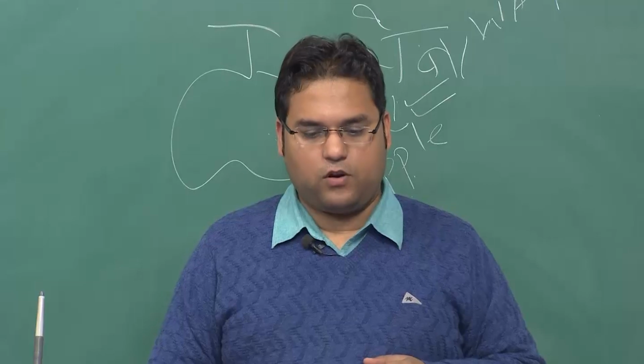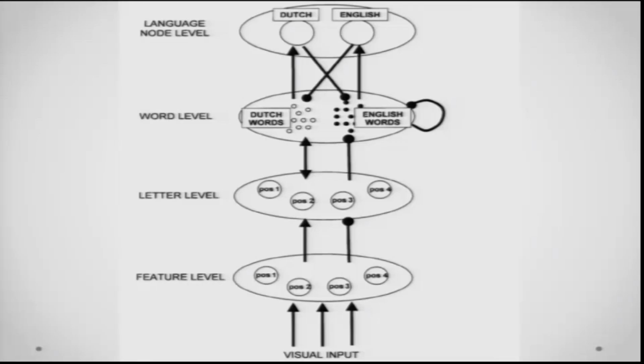Let me show you how this model looks. You see that there are feature level, letter level and word level representations, much as you would have seen in the TRACE model I talked about earlier, but there is a higher level which is the language node level, which has Dutch and English. You will see the connection from Dutch to English words is inhibitory, and the connection from English to Dutch words is also inhibitory.